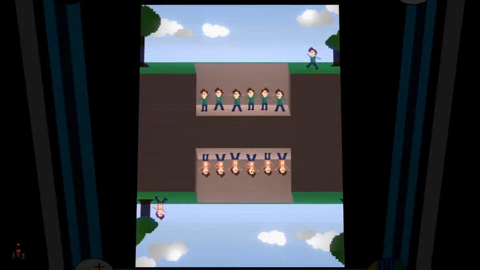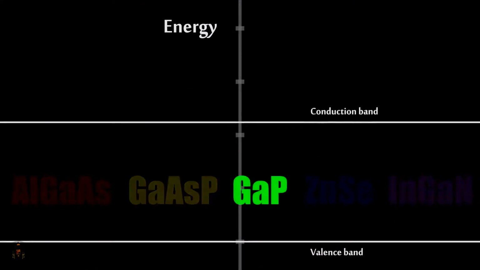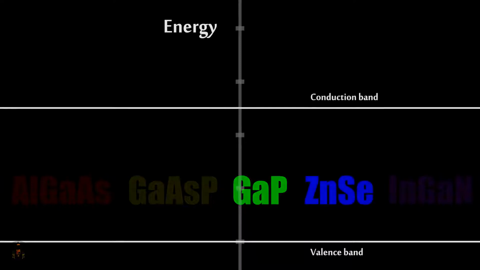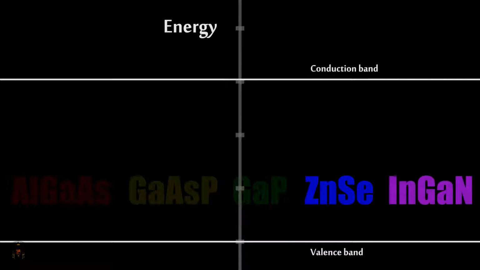Thus, the LEDs achieve greater energy efficiency, given that a major part of the electric energy supplied is converted into light. Moreover, the energies of the emitted photons can be selected by choosing the appropriate materials for the intermediate region.